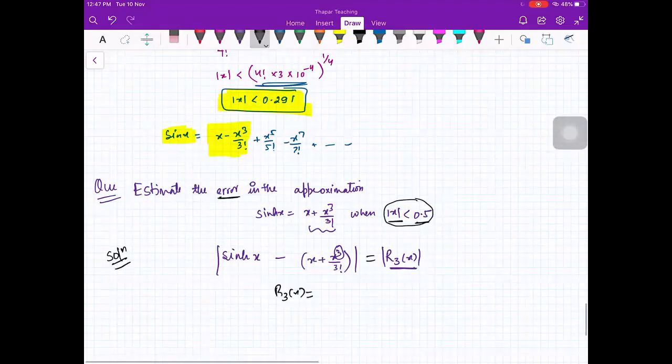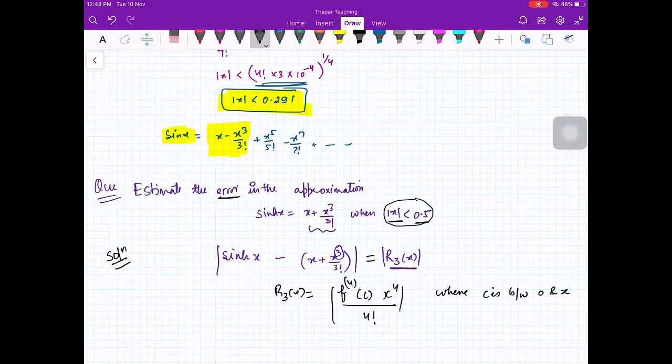R3x is your fourth derivative at c into x raised power 4 upon 4 factorial, where c is between 0 and x. Is this thing clear to everybody? Any doubt, beta?